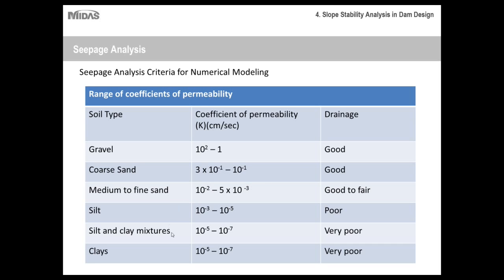Until finally you have clay mixtures, or clays in general, where clays, as I'm sure you know, have very small pores, and it takes a very long time for water to escape through them. Sometimes it takes weeks, months for the water to escape through clays when constant pressure is applied to them. So essentially, that's why clay cores are often used for earth embankments, just to stop the seepage through maybe looser soils.